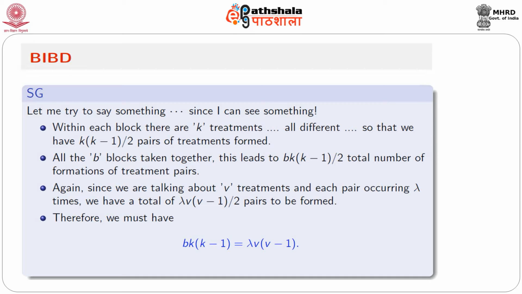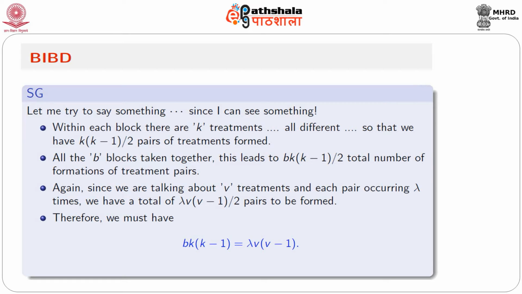So that we have k into k minus 1 by 2 pairs of treatments formed. All the B blocks taken together, this leads to B into k into k minus 1 divided by 2, total number of formations of treatment pairs. Again, since we are talking about V treatments and each pair occurring lambda times, we have a total of lambda into V into V minus 1 whole thing divided by 2 pairs to be formed.